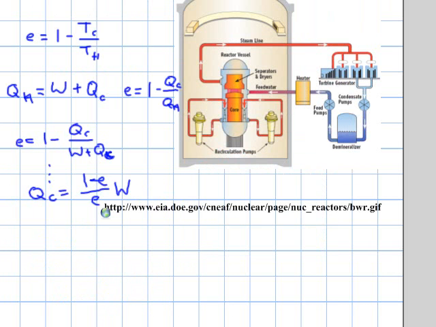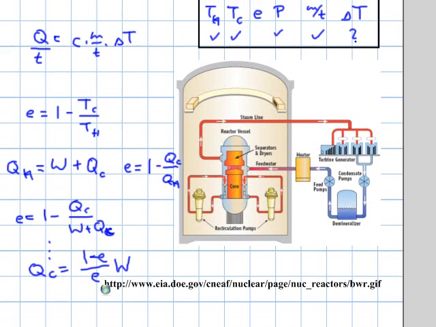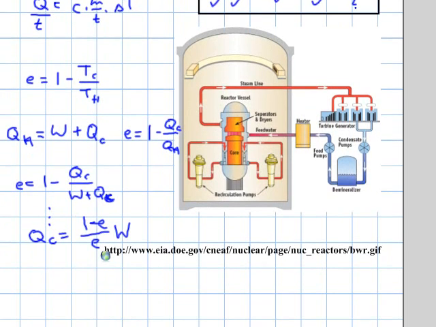Now again, that is actually not given. The work isn't actually given. What is given is the power output, but of course the power output is joules per second, and they tell us that it's 1.2 billion watts or joules per second. So I'm going to use that. I'm going to write here that on the right hand side, that is 1 minus E over E times the work per time unit, and then of course on the left hand side that's QC over time, as I divide both sides by the time.